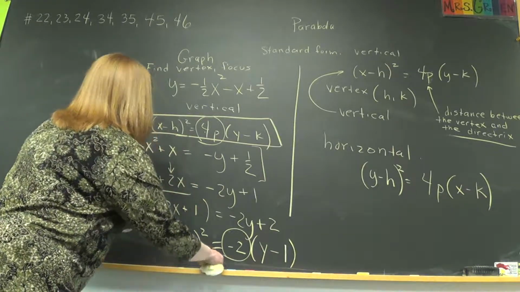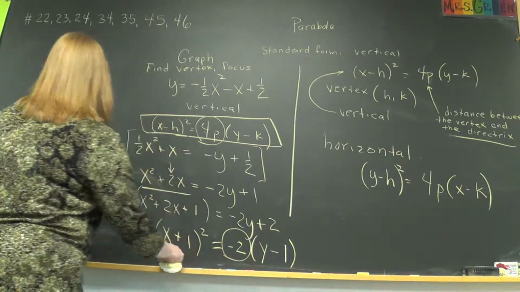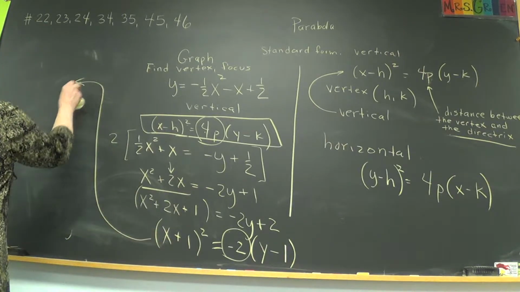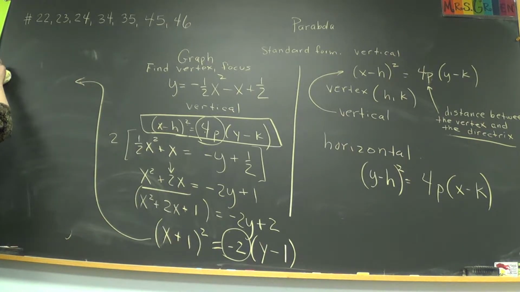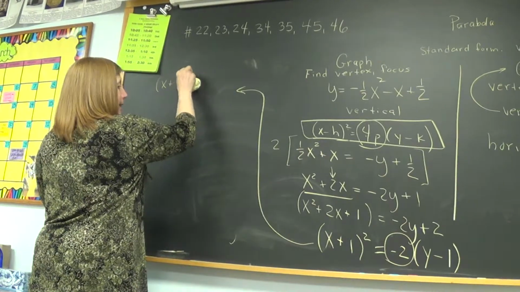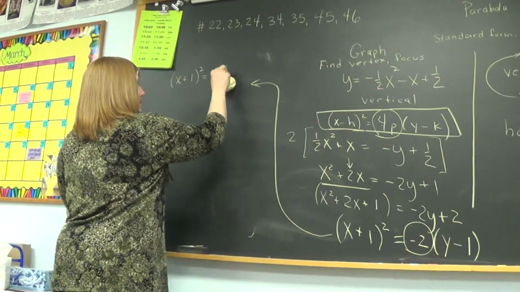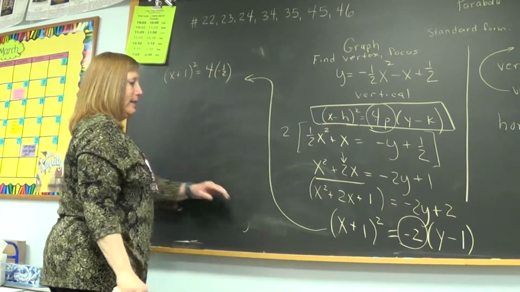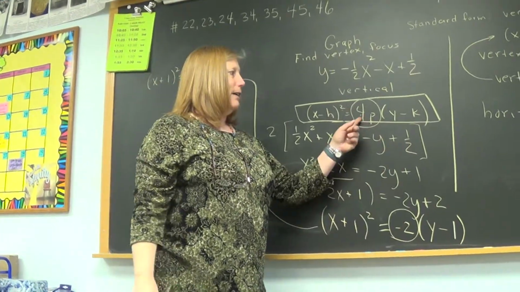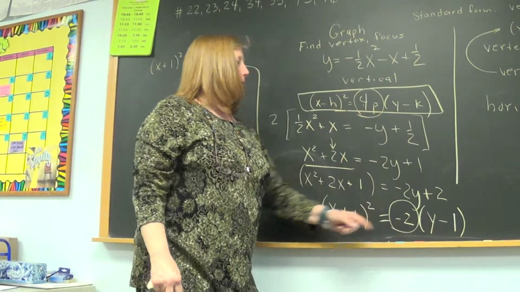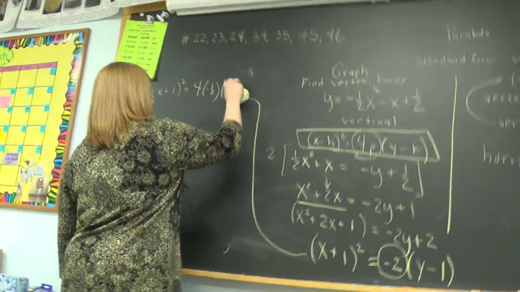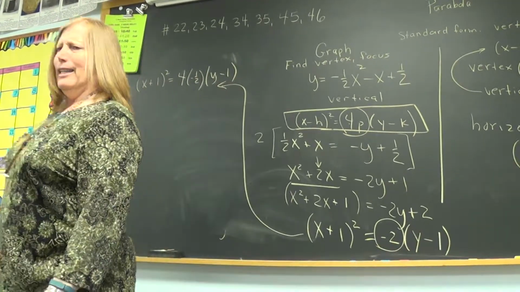Negative 1/2. All right, so that's the grand finale, and I'm going to go over here with it because that's where I'm going to graph it. So I have (x plus 1) squared equals 4 times minus 1/2, which is equivalent to this minus 2, but I needed a 4 in our form, and then that's followed by (y minus 1). That is us.